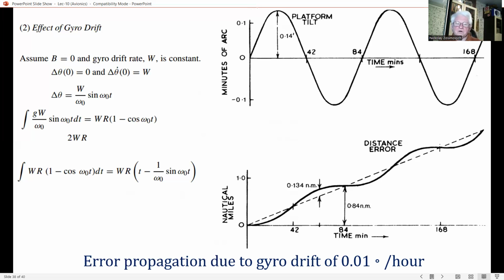The very accurate vertical reference provided by Schuler tuning can be seen: even a gyro drift as high as 0.25 degrees per hour results in a peak vertical error of 3.5 minutes of arc.